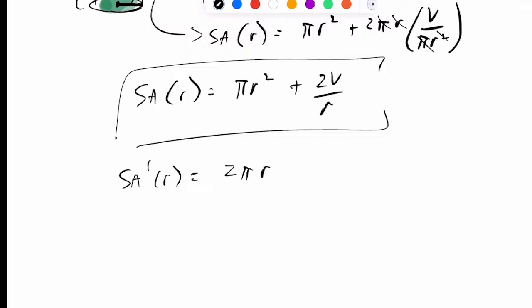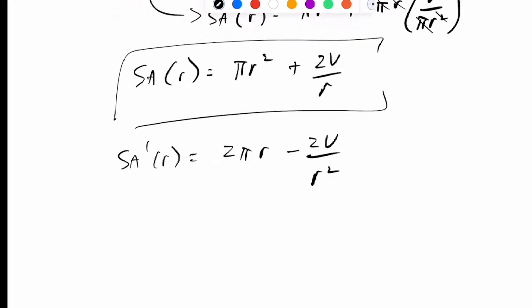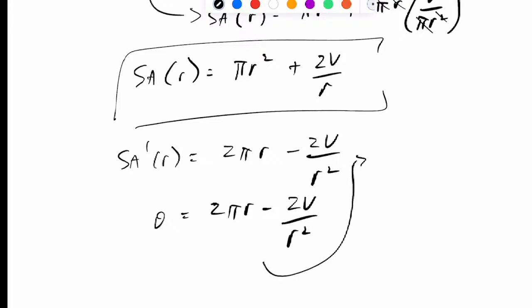I'm going to get 2 pi r minus 2v over r squared. Yes, thank you. Then you set this equal to 0 and solve: 2 pi r minus 2v over r squared.